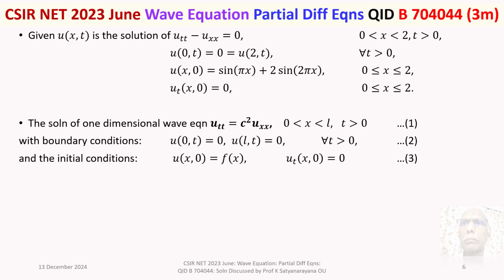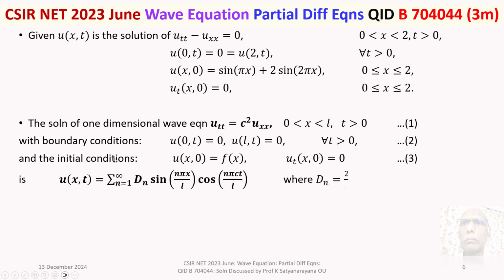Right. So now the solution under these conditions is u of x comma t is equal to sigma n is equal to 1 to infinity d_n sin n pi x by L into cos n pi c t by L, where d_n's are given by 2 by L integral 0 to L f of x into sine of n pi x by L dx.